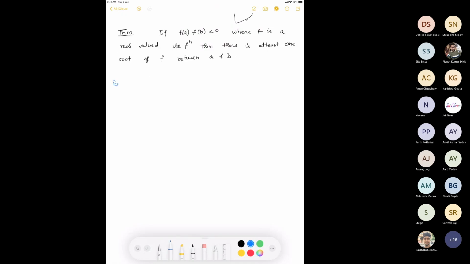I'm just trying to use some pictures here. Let me draw some function. Suppose this is my function f(x), and let me take two points a and b. I'm going to take my a here and my b here.